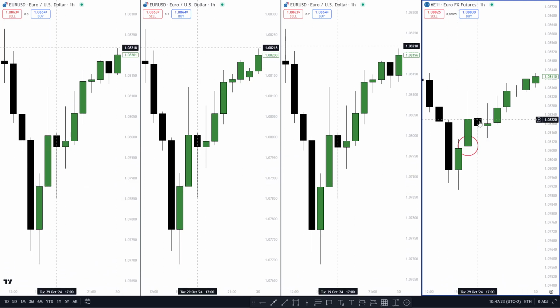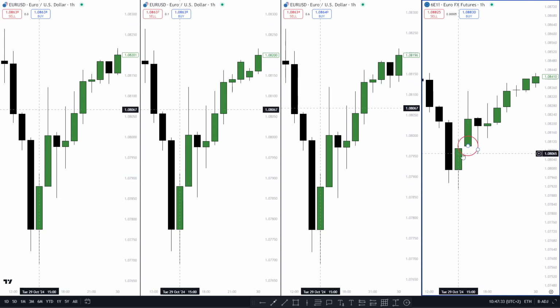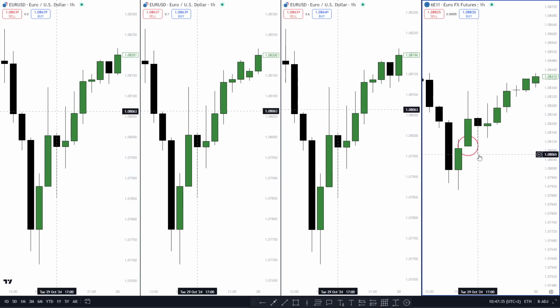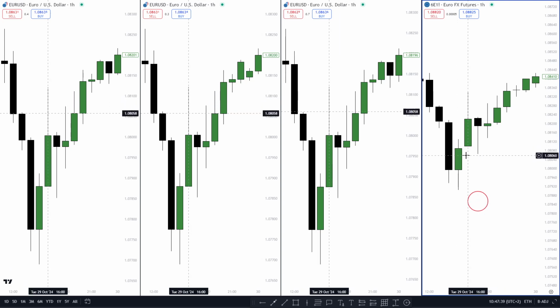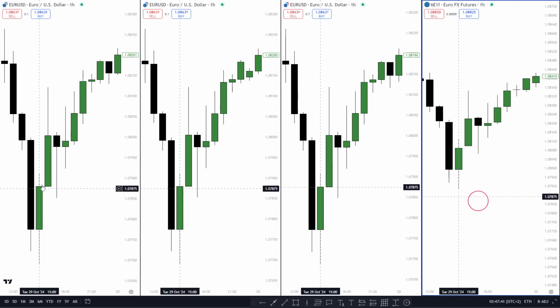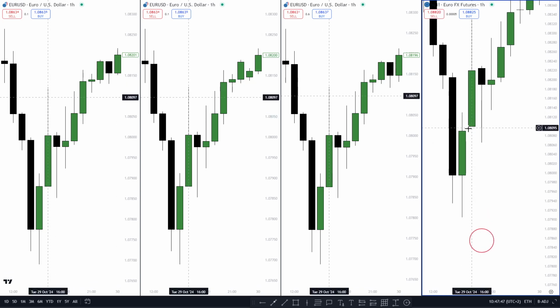Okay, look at 16:00, at 4 p.m. It's UTC plus 2. So at 4 p.m. here we have a volume imbalance. It's actually even a little gap, and here you don't have it. So that's even like a gap that the market wanted to fill before it expanded.